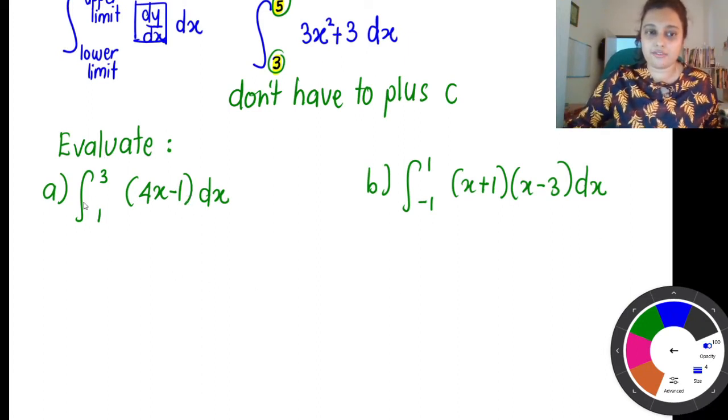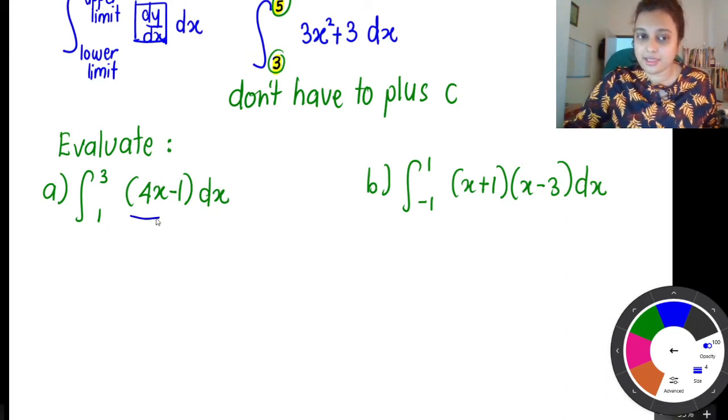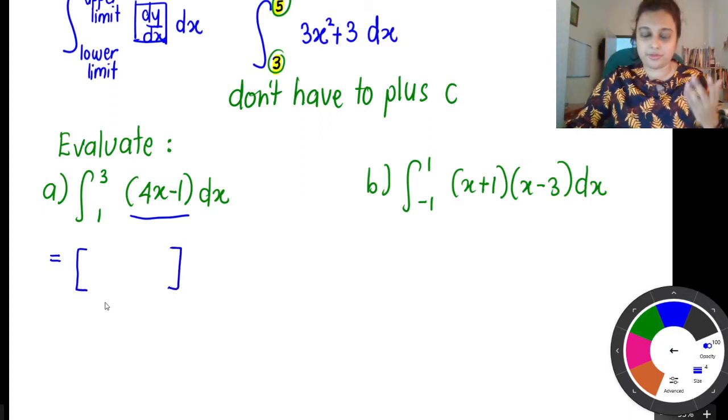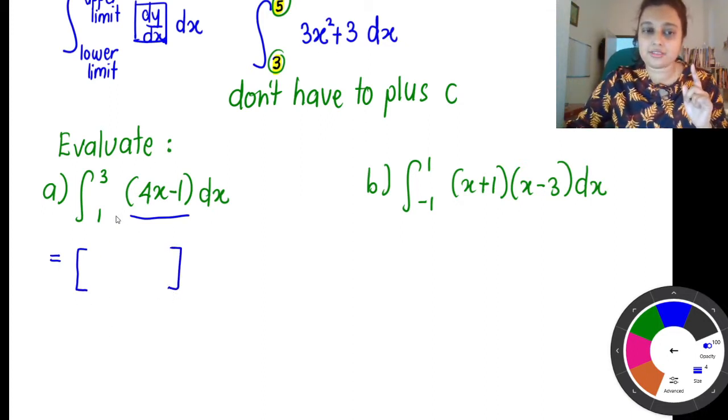Now first step, we integrate the equation inside. When you're doing integration, you put the big bracket. You will know why in a while. So 4x will become 4x square divided by 2.